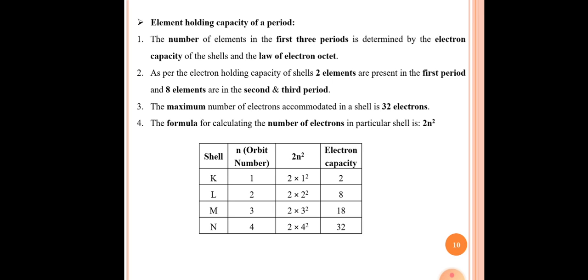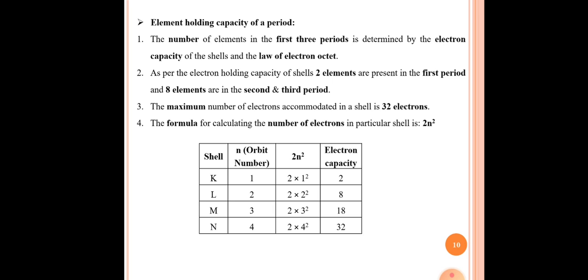Below is the table that indicates the shell number, the orbit number, and the formula. The orbit number n is placed into the formula, and that's how we get the electron capacity. We can see the different shells K, L, M, N. For the K shell the orbit number is 1, for the L shell it is 2, for the M shell it is 3, and for the N shell it is 4.